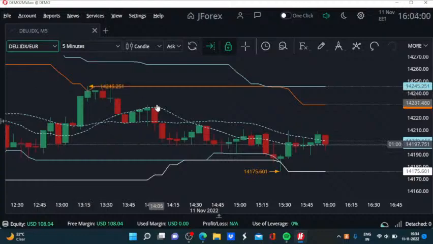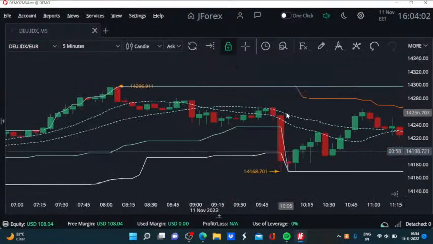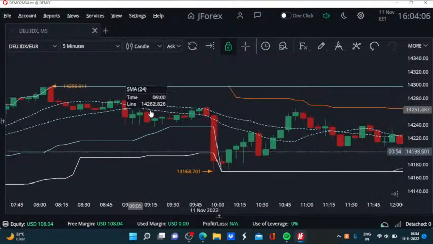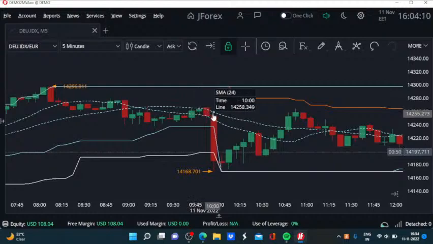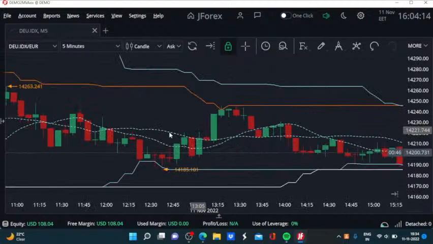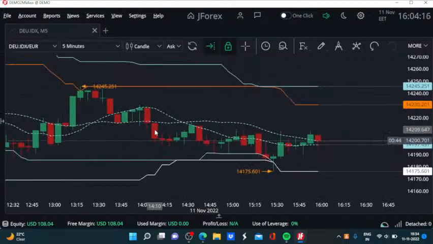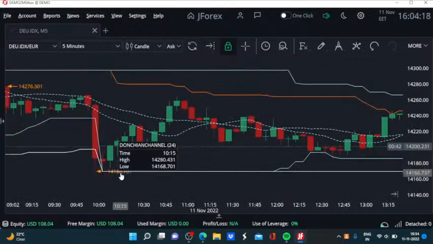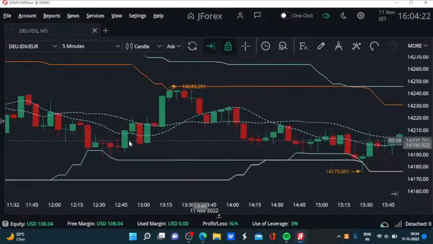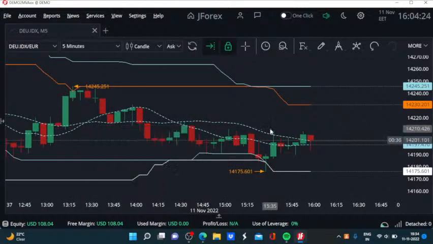The DAX is also having a similar trajectory. It did jump on the lower side around 100 points at 10 GMT, but since then it has consolidated with support coming into play around this immediate low of around 14,160. So that low has not really been breached.